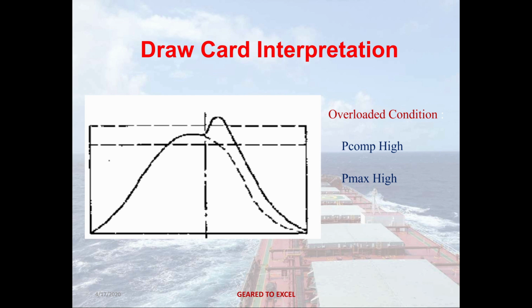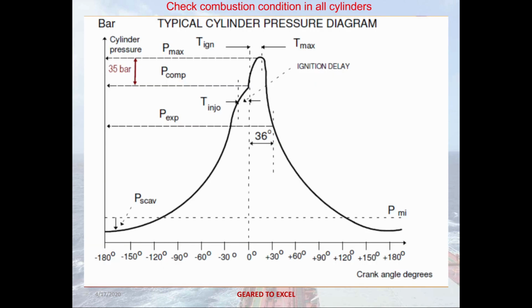This is one typical cylinder pressure diagram. You can see this is a normal diagram without any fault here, a standard diagram. Here you can see crank angle in degrees. This is the curve. This is the scavenger pressure, so air pressure rises.